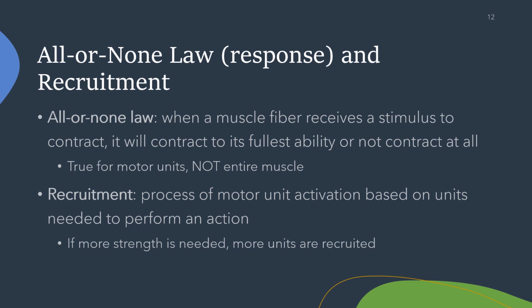So it has to be recruited, which is why one part of that fascicle might work, but then the next bundle might not. It's not the entire muscle that is being told what to do. It's each individual bundle. So that recruitment is based on the need of what I need my muscle to do.